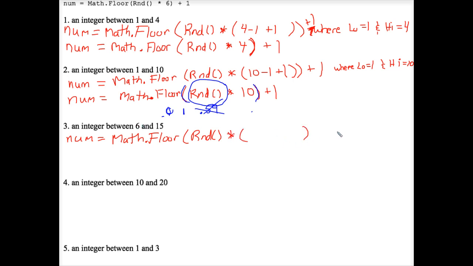Well, in this case, low is equal to 6, and high is equal to 15. So high minus low plus 1 is really the same thing as saying 15 minus 6 plus 1. Then don't forget, outside of this outer set of parentheses, you need to do plus low, which in this case is 6. So we need to have plus 6 here.